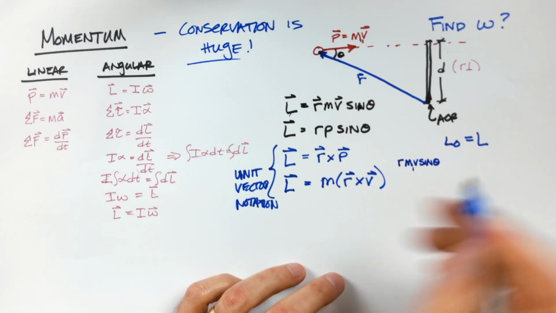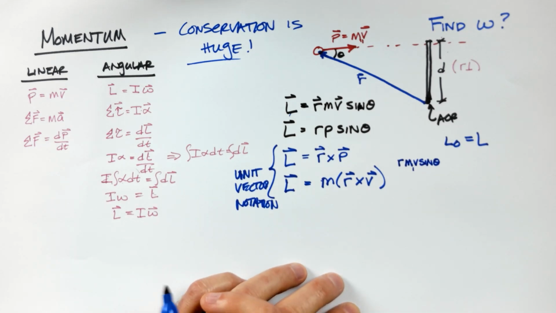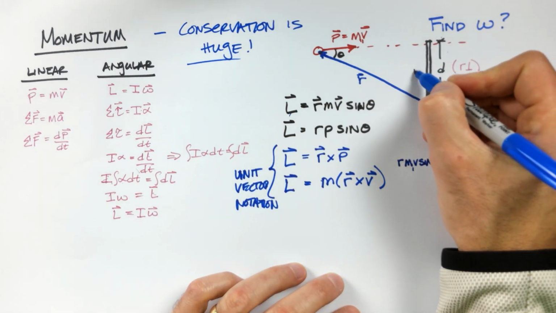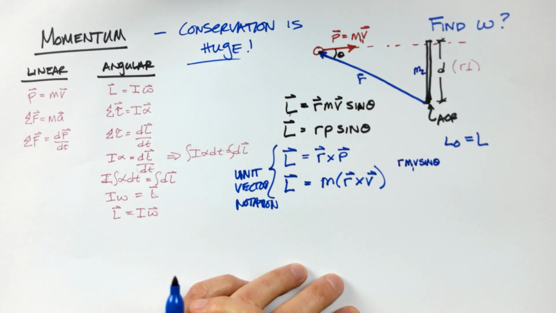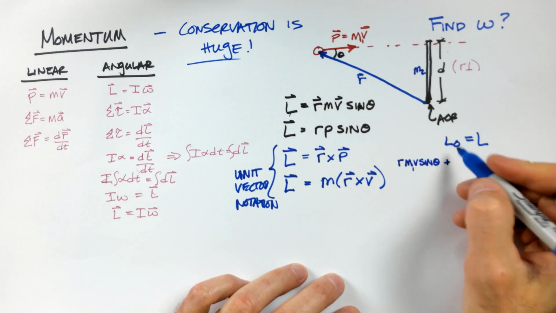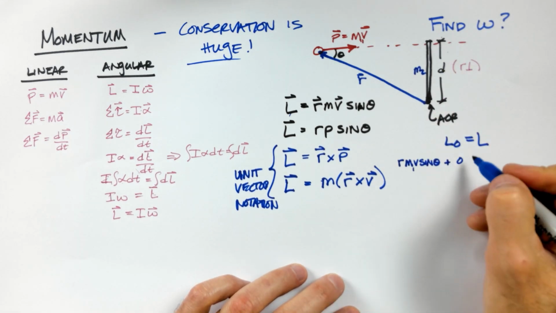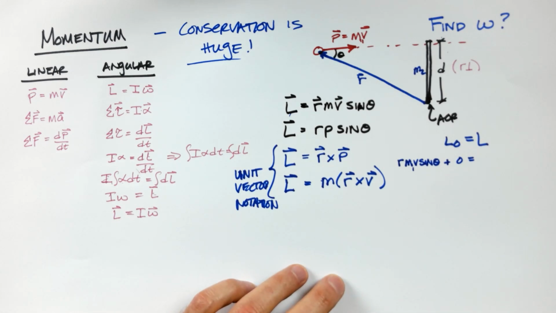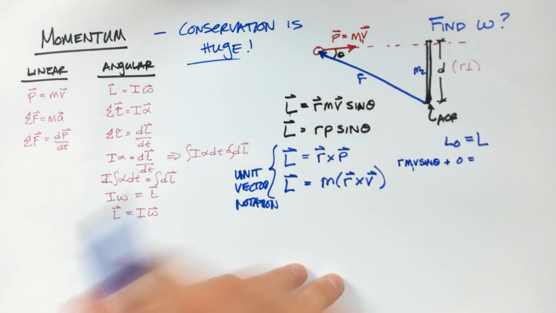Let's make this m1 to make sure we know which mass we're talking about. Let's also throw an m2 on this thin rod. Okay? Plus 0, because the thin rod doesn't have any angular momentum. It's not rotating. It's just sitting there waiting to be smashed by this lump of clay.